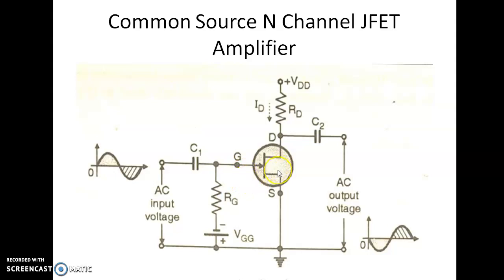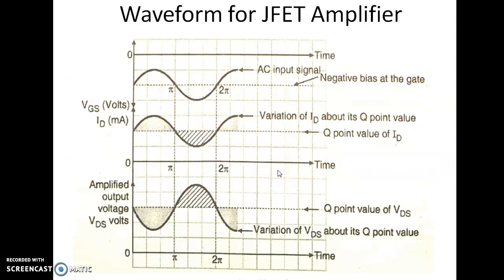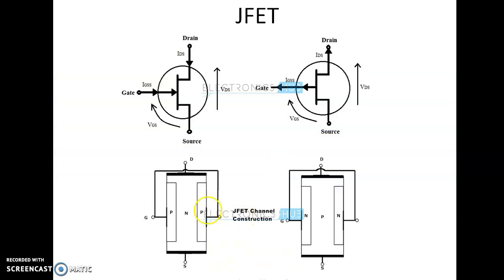The n-channel junction field effect transistor internally consists of this kind of structure: n-type channel and p-type region. During the positive half cycle of the input signal, the gate will be plus, and we know by Coulomb's first law that dissimilar charges attract, so electrons are attracted towards the gate.